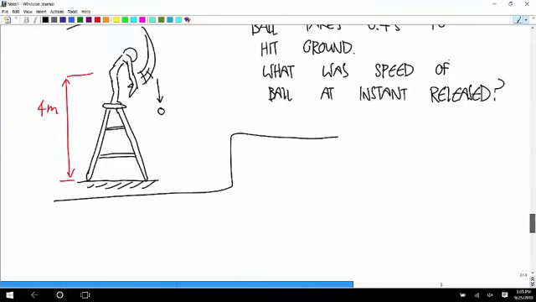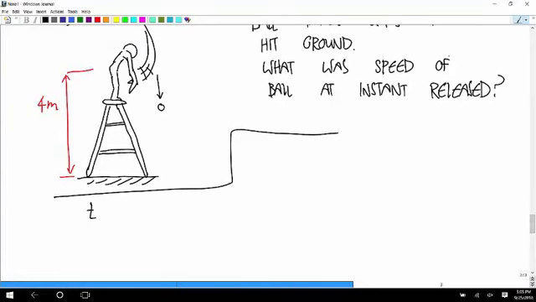All right, so we have to choose these 4: time equals 0, time final, position equals 0, and the positive direction. I'm going to choose 0 on the ground and positive up because that's what I always do in free fall problems.